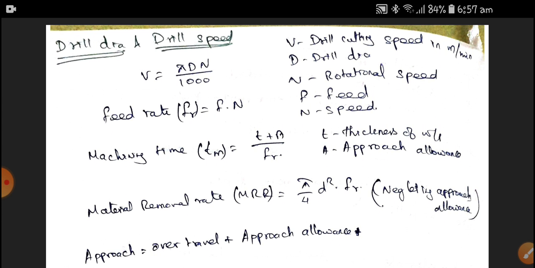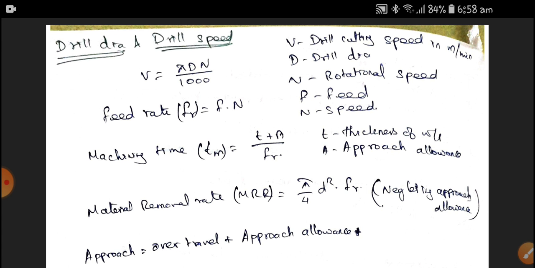Or we don't need to change minute to second, we can simply use pi D N, where D is the diameter, which should be multiplied in terms of meter, and V is the drill cutting speed in meter per minute, and N is the rotational speed.